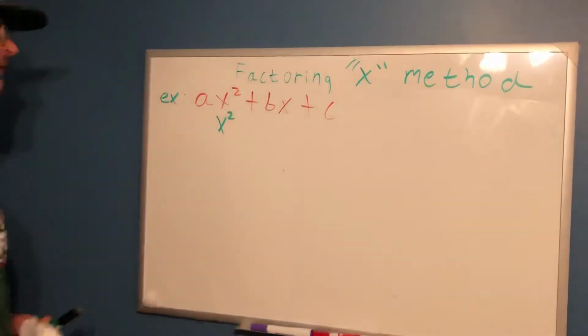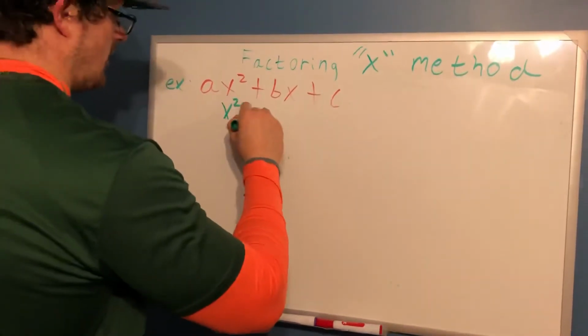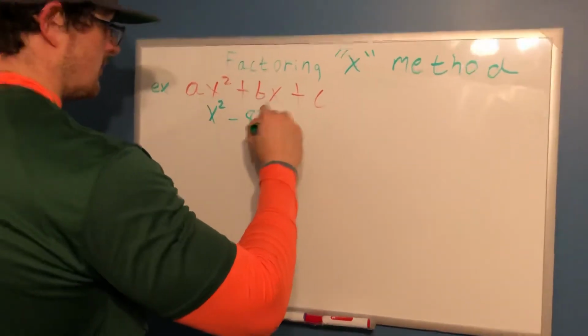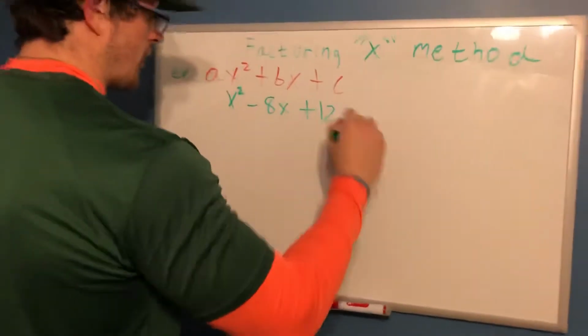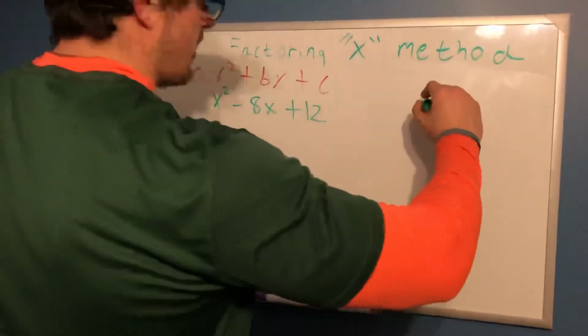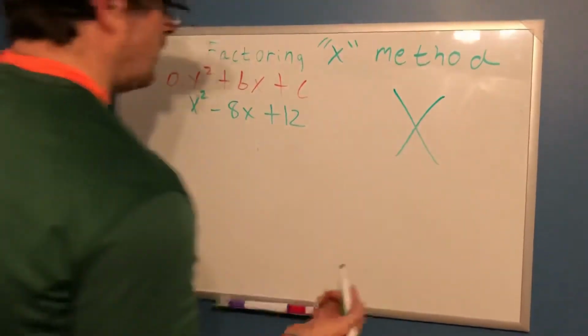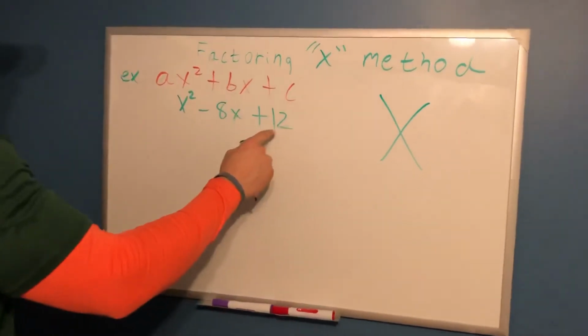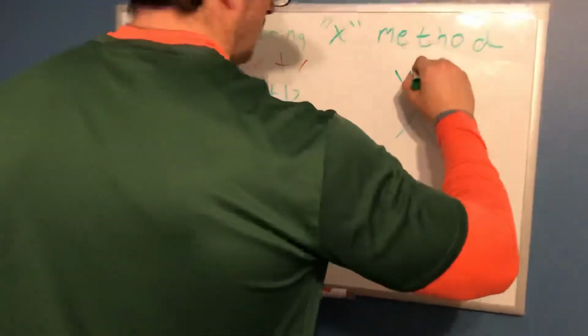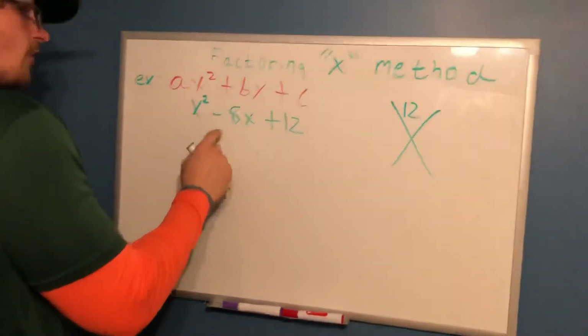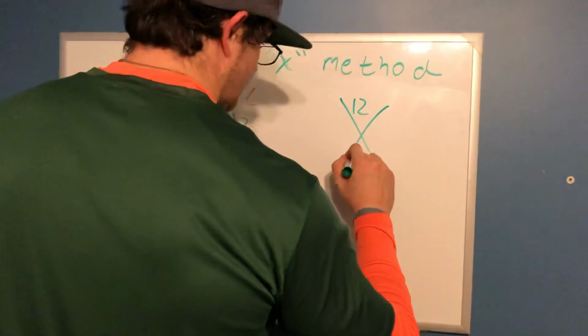Let's say we had something like x squared minus 8x plus 12. Let's fill out our X. What goes at the top? The C term, which is 12. What goes at the bottom? The B term, which is negative 8. The signs are very important.